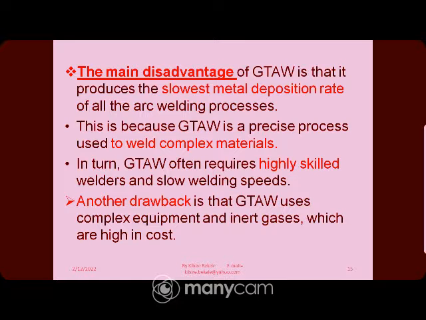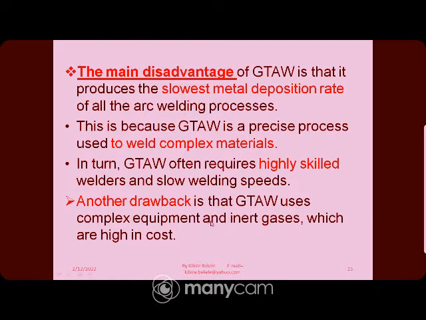So we can weld steels and ferrous metals with other arc welding processes like gas metal arc welding, and we can also use shielded metal arc welding or manual metal arc welding. So this process is restricted to welding complex materials and materials like aluminum.